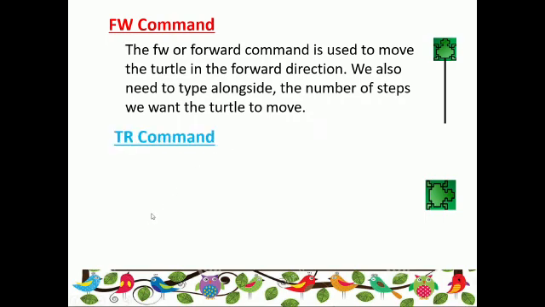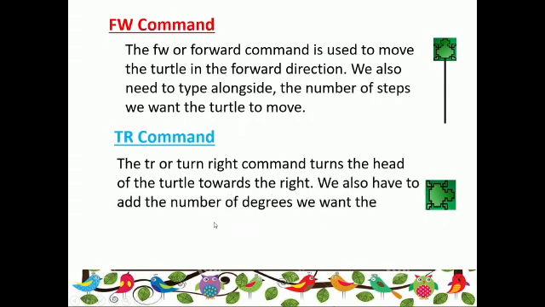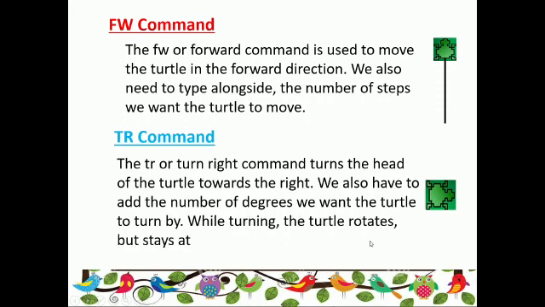Next command, TR command, the short form of turn right. The command turns the head of the turtle towards the right. We also have to add the number of degrees we want the turtle to turn by. While turning, the turtle rotates but stays at the same position. Look at this picture, the turtle is turned only to the right side, it's not moving.